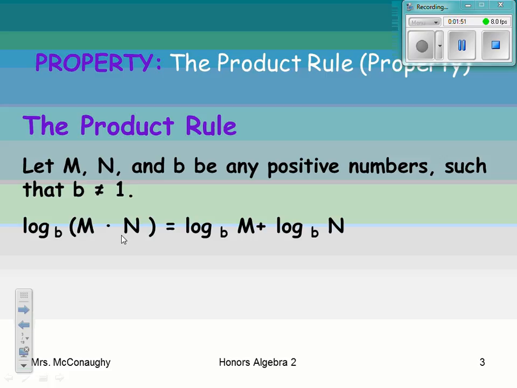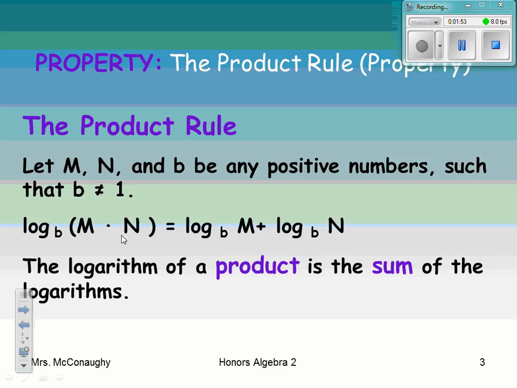Here's what that's going to look like. The logarithm of a product is the sum of the logarithms. So in this case, we have the logarithm of the product of m times n. That's being multiplied.